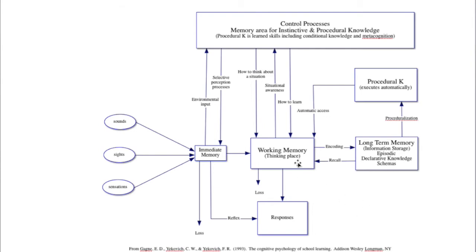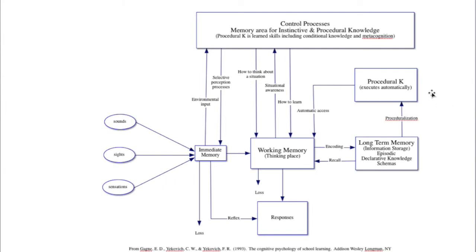We think about complicated information, number one, because we can create schemas which create groups of information. An example is you could have a schema for fruit. If I say fruit, you're able to think about an entire collection of information with just one idea, fruit. So you can bring fruit into working memory, and then you can dissect fruit as you need. That allows working memory to piece things together.